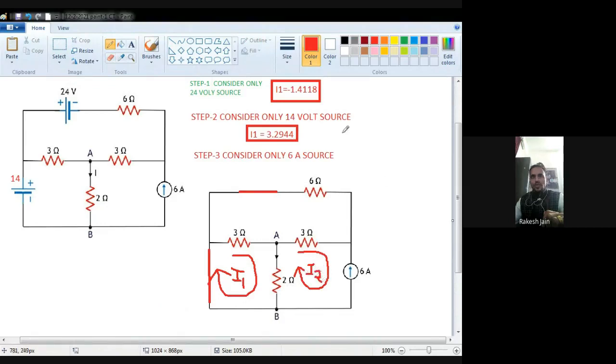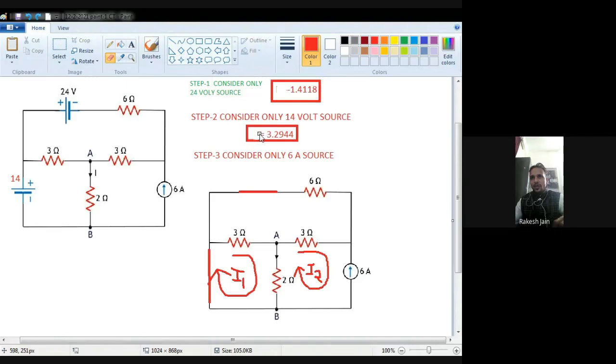So 5 I1 is equal to this. We move it to the right hand side and it will become 2.472. So what is I1?